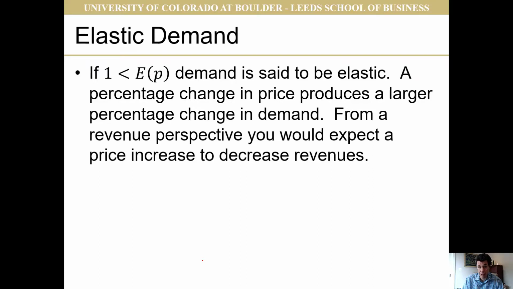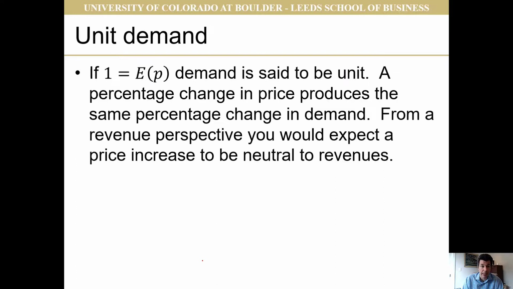Of course, increasing price means the demand goes down by more, in which case, from a revenue perspective, if you increase prices, your revenues should decrease. And unit demand is when E of P equals 1. A percentage change in price produces the same percentage change in demand, and from a revenue perspective, you expect a price increase to be neutral to revenues. So a small price increase won't change your revenues.